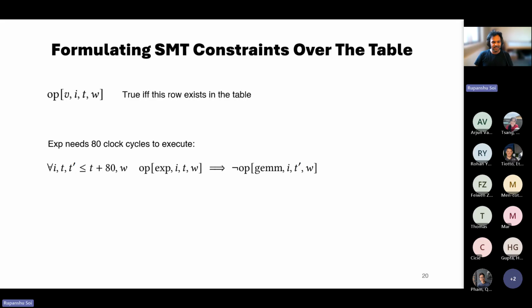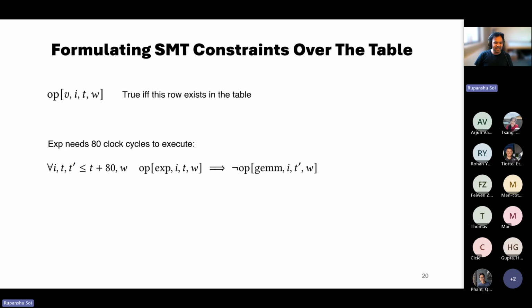Here's our first constraint. So we're doing static scheduling because we're solving the joint problem. So we need to care about latencies. So this constraint says that the exp needs at least 80 clock cycles to execute.